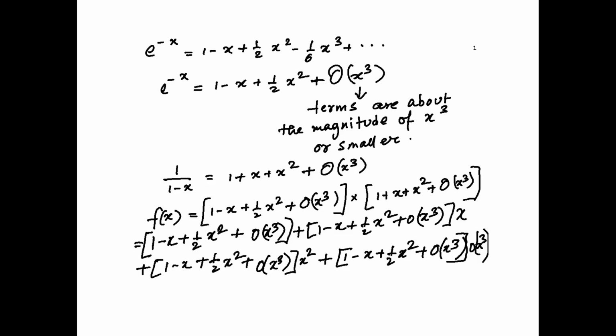Why I am particularly doing order x cubed will be clear in a moment. So, if I keep the terms, it will be 1 minus x plus half x squared plus order x cubed, which is basically the terms which are of magnitude x cubed or smaller. We do the same for 1 by 1 minus x, and now we plug in the forms for f(x).